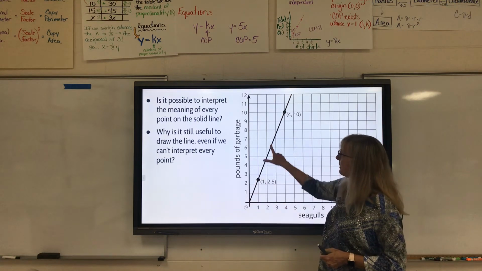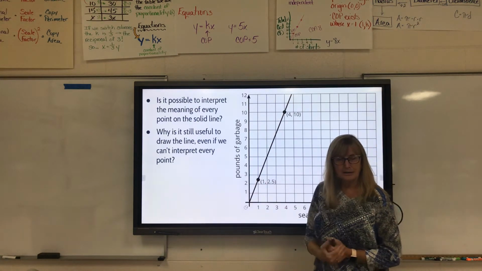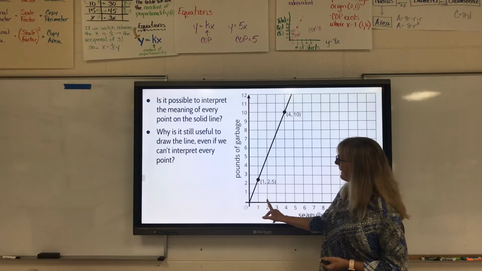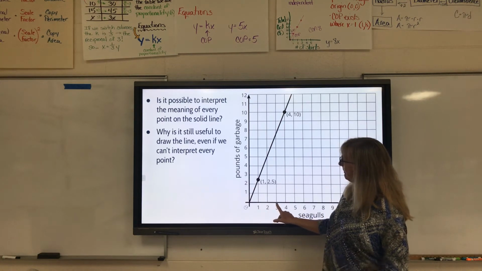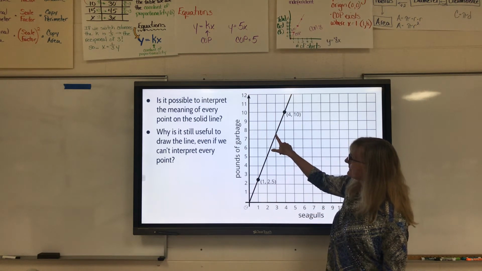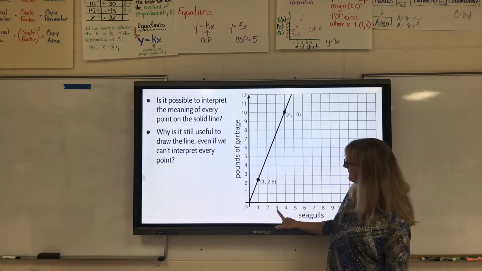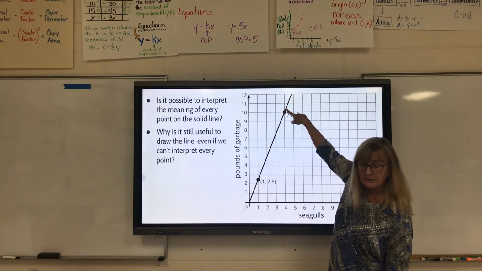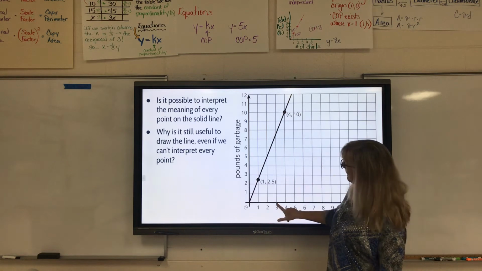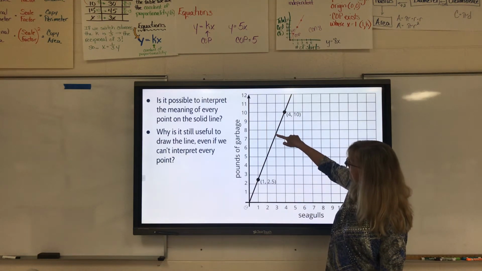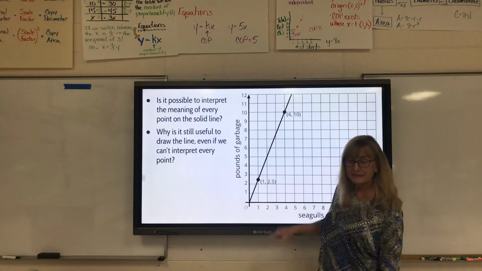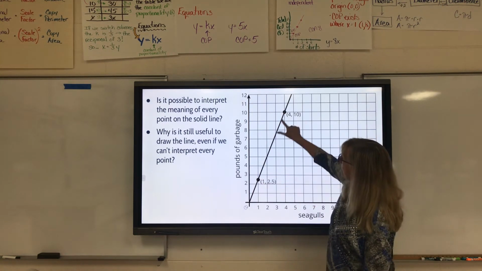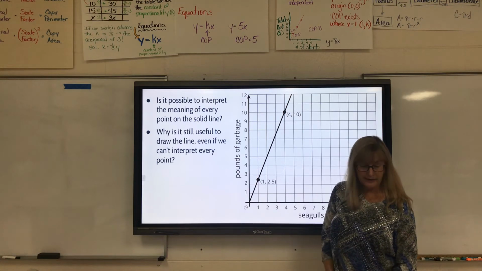But as soon as we draw this line, can you see where it goes through the origin? Can you estimate about how many pounds 3 seagulls ate? Well, it looks like they ate about 7.5 pounds, because I can follow along the line here, okay?